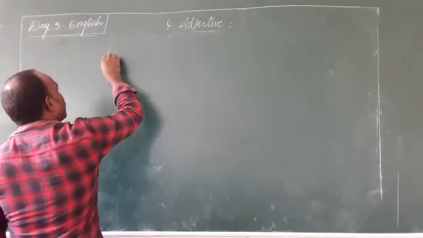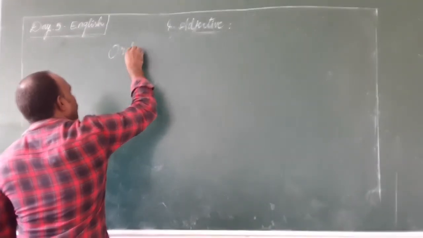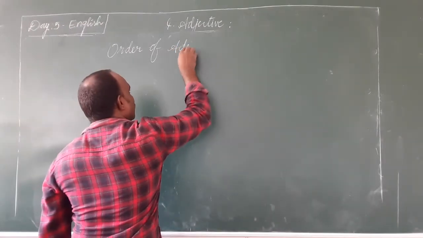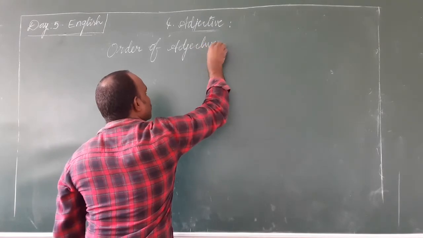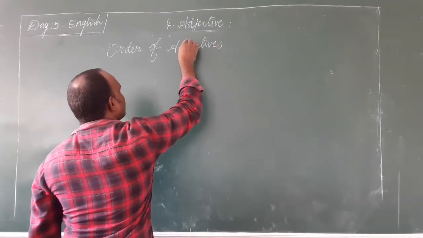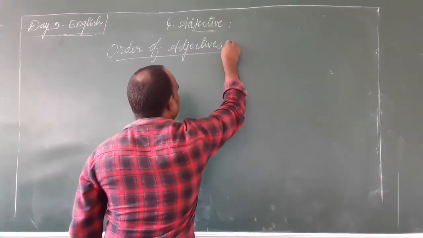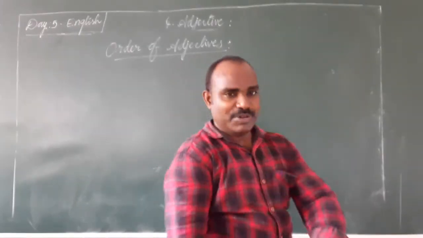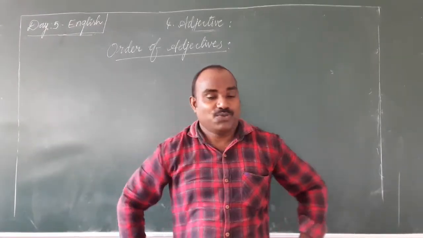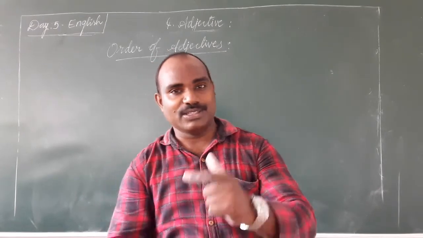Look at this. Order of adjectives. That means the placement of different types of adjectives in one sentence.